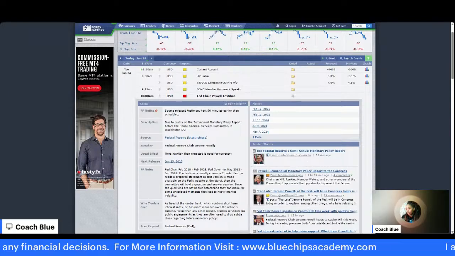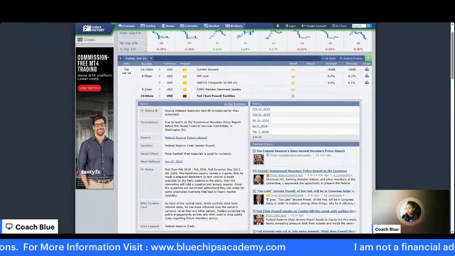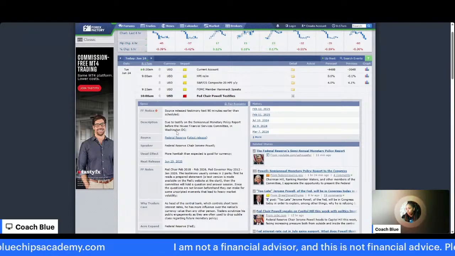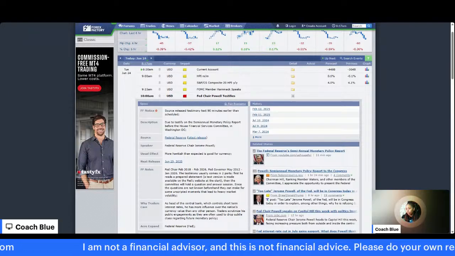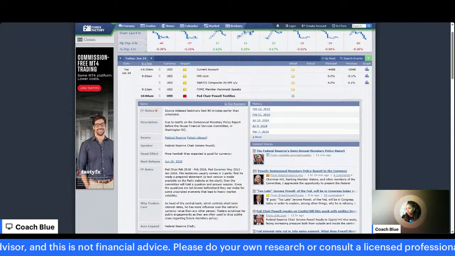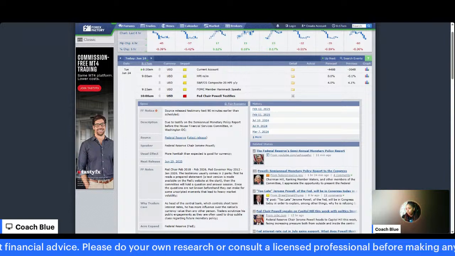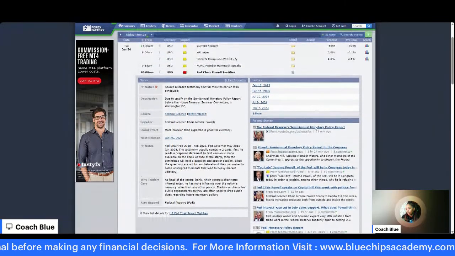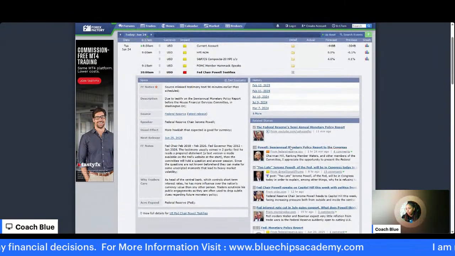But basically, he's due to testify on the semi-annual monetary policy report before the House Financial Services Committee in Washington, D.C. So we'll see whatever that news report is. We'll see a reflection of that in the market. Okay, and that's why you want to be cognizant of what's going on. These are some supporting articles here if you want to look at that.